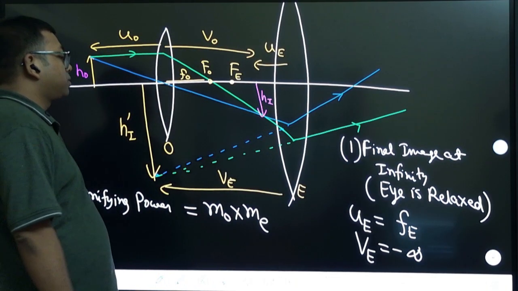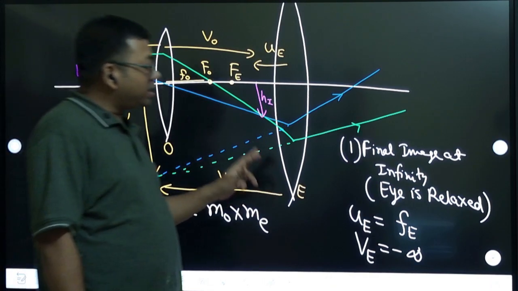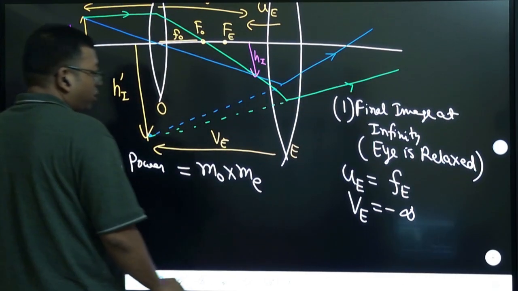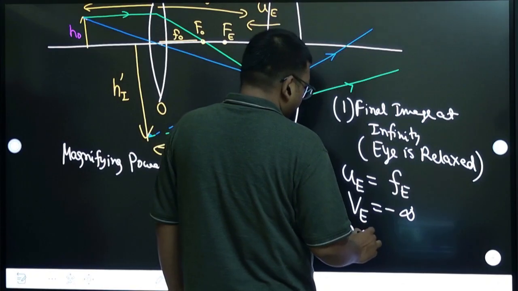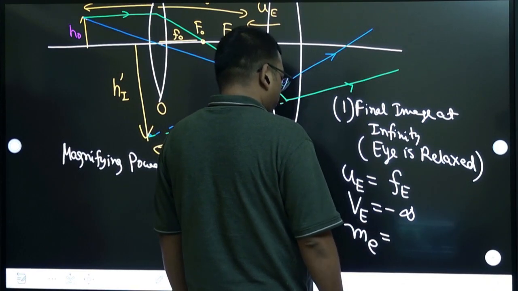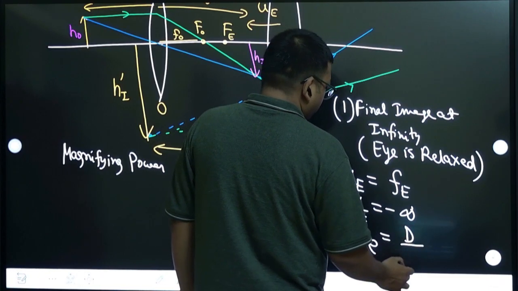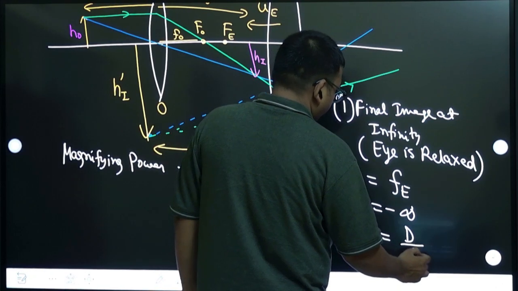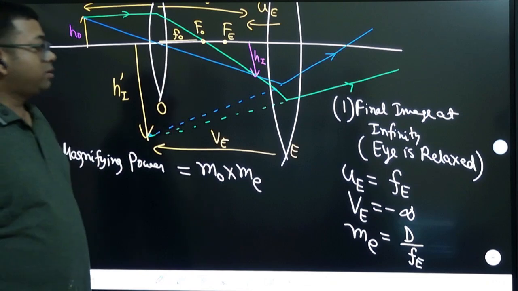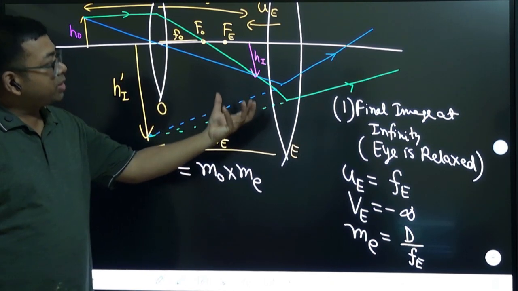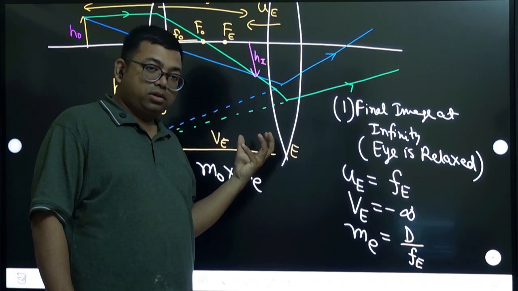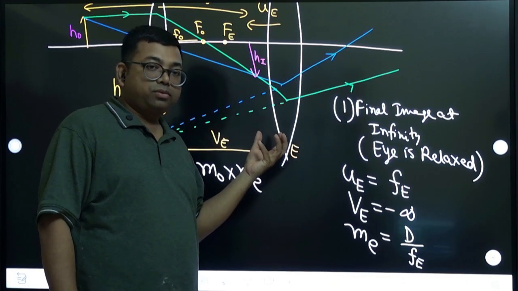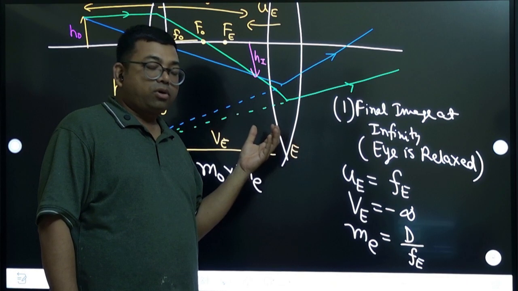That's the case. So now we can directly say that the magnification formula for the eyepiece becomes equal to D by f e. You remember this formula, because this is acting like a simple microscope or magnifying glass.